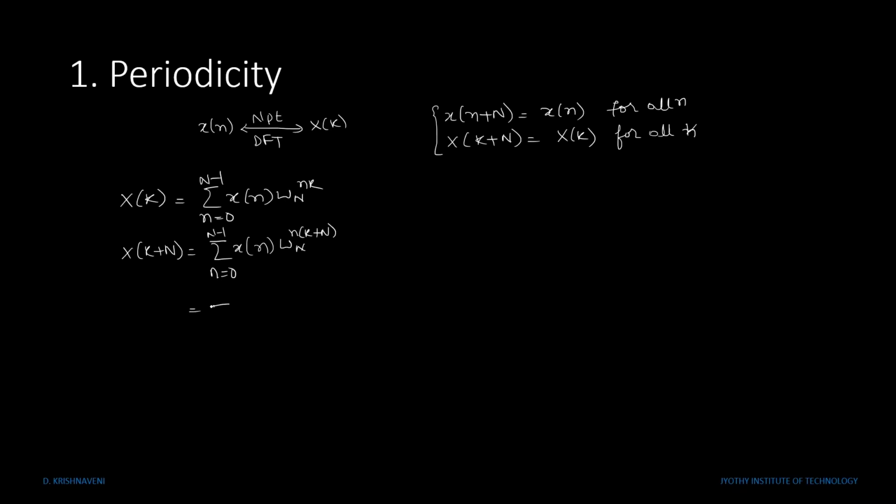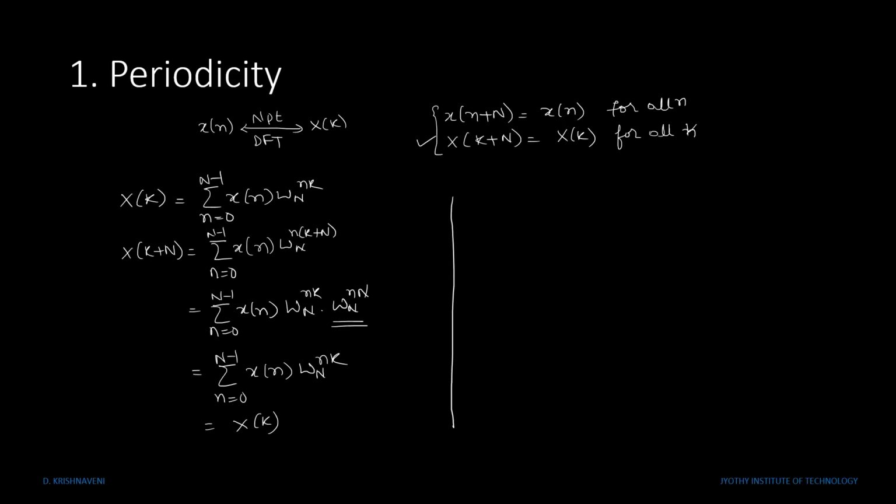So this is equal to summation n equal to 0 to N minus 1 x of n. We will expand this, we will get W_N to the power of nk into W_N to the power of nN. We know that W_N to the power of nN is equal to 1. So this is equal to summation n equal to 0 to N minus 1 x of n W_N to the power of nk, which is equal to x of k. So we have proved the second one, that is x of k plus N is equal to x of k.